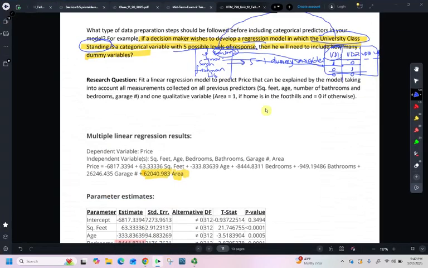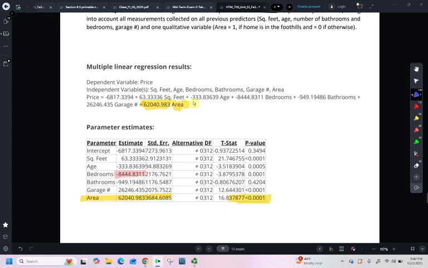All right, let's go back to our notes. I have that output here, and I can see that whether the home is on the foothills is very, very significant. However, there are some issues related to the expected signs on bedrooms and bathrooms.